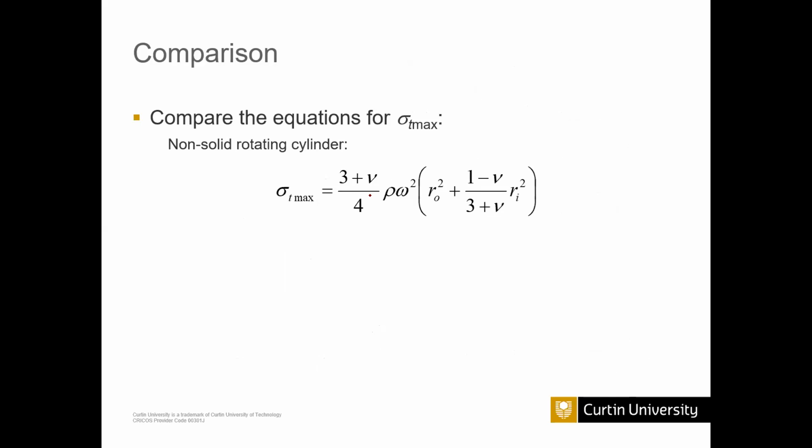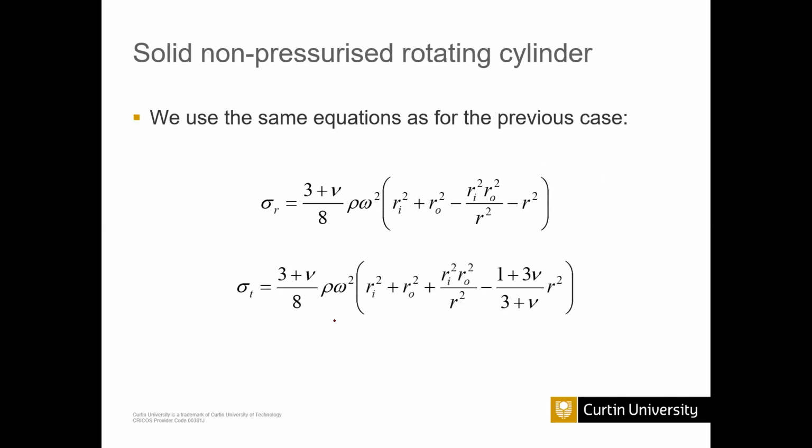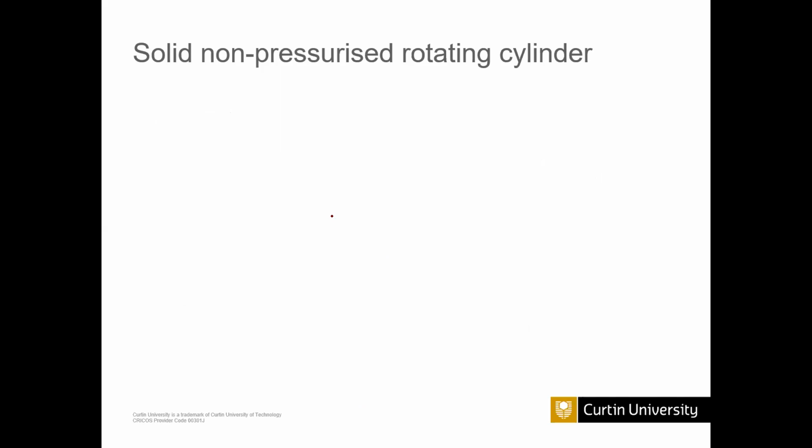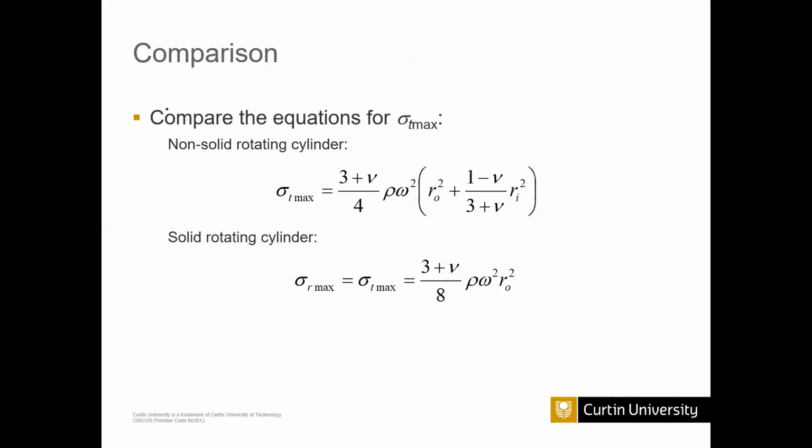Non-solid rotating cylinder, that means hollow cylinder. This is the equation for tangential stress. We already derived this equation. If you remember, this is the equation. For a non-pressurized rotating cylinder you can get this one from that. For the solid rotating cylinder, with the calculation you can see this.